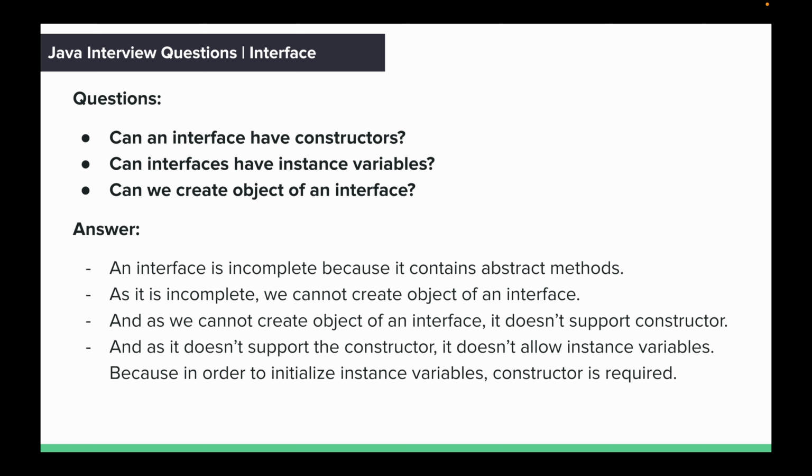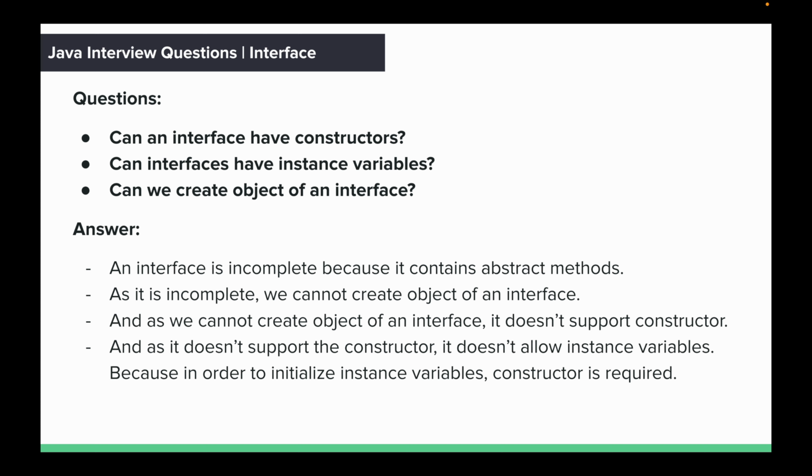As we have just seen, we have the default and static methods, but specifically it contains abstract methods also, and that is the reason it is an incomplete interface. And as the interface is incomplete, we cannot create object of an interface. So that is the reason we cannot create object of the interface.